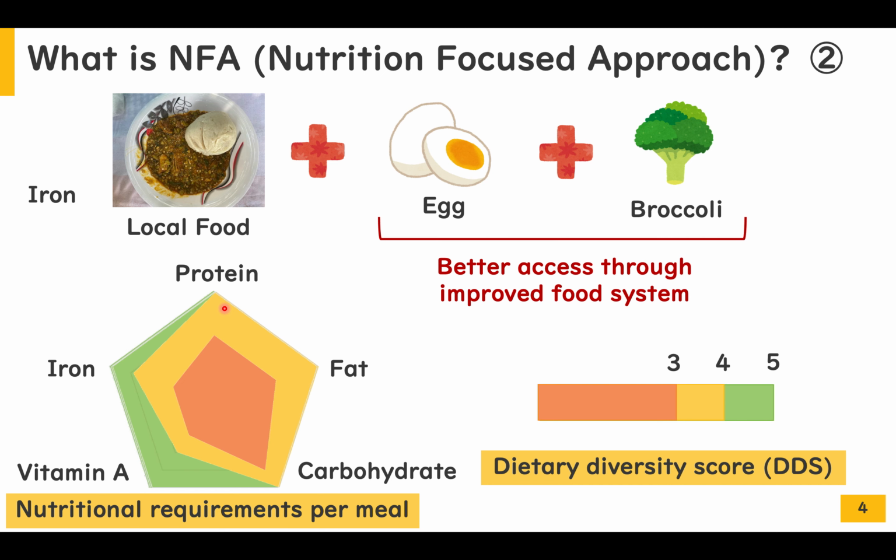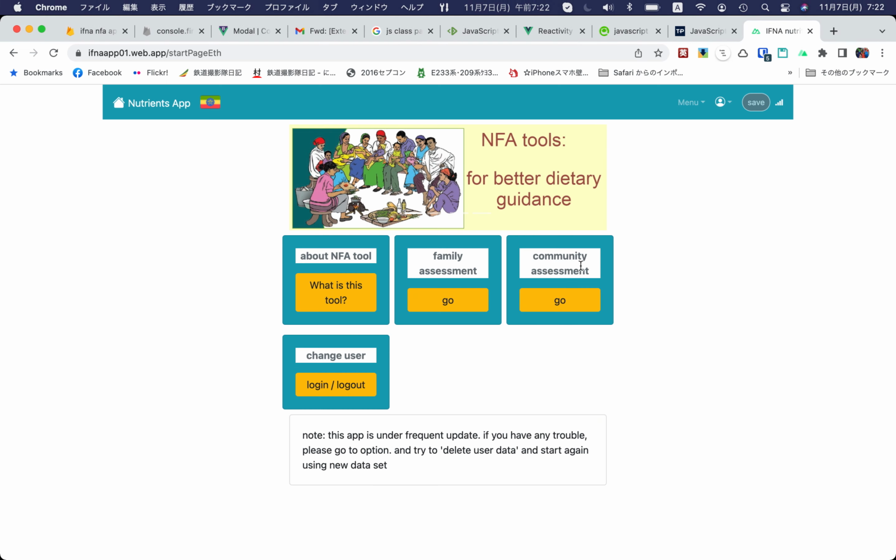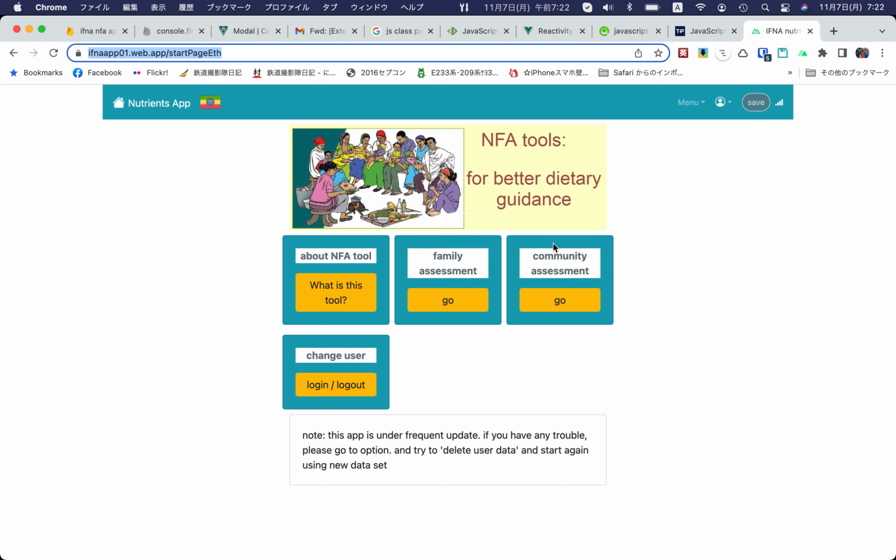To support this process, we developed a smartphone-based application to support a quick dietary survey as well as identification of nutrition-dense food. Okay, I'm going to explain how the application works. On the top page of the application, you will see this screen.